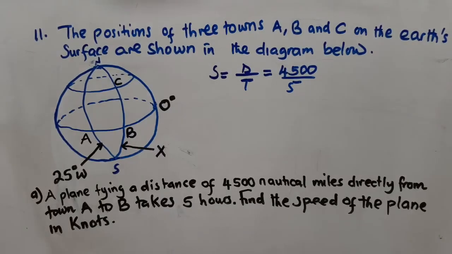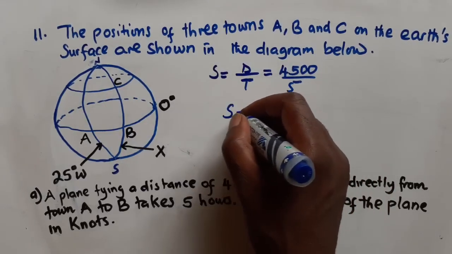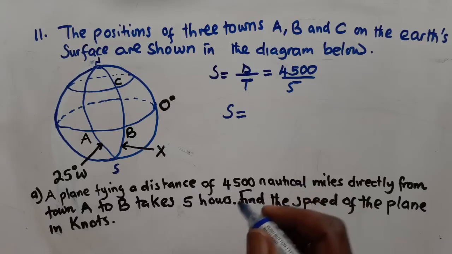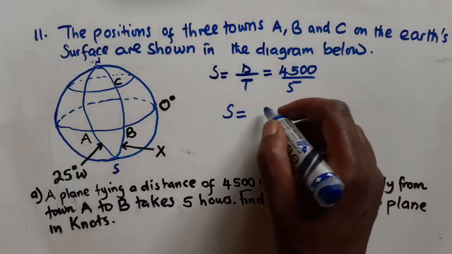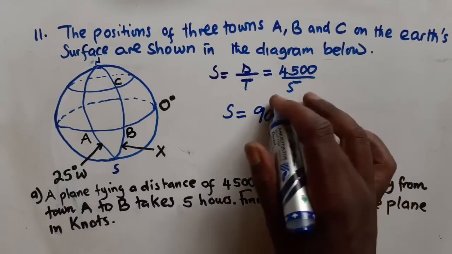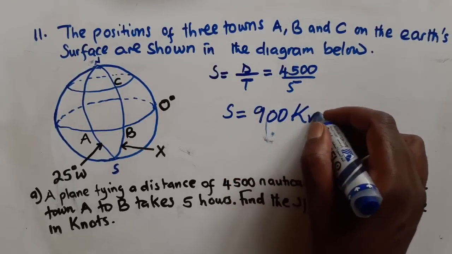The time taken was 5 hours. So let's divide. What is our speed? So our speed is 900. So 900 knots.